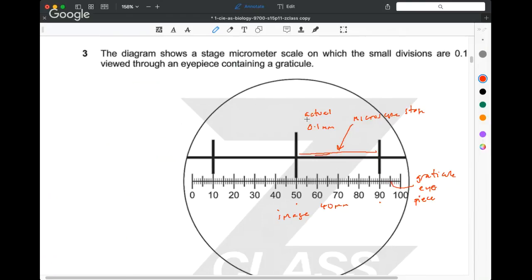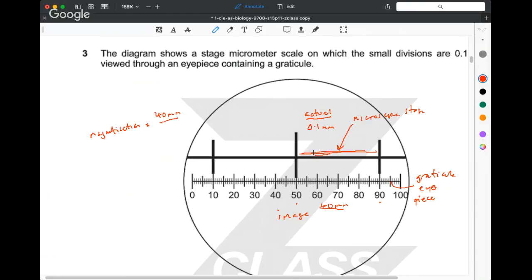So you've got the actual size of something. In this case, that distance there is 0.1 millimeters, and the image size that you see is being measured by the graticule in the eyepiece at 40 millimeters. And so you need to know that the magnification then is the image size, which was 40 millimeters, divided by the actual size.